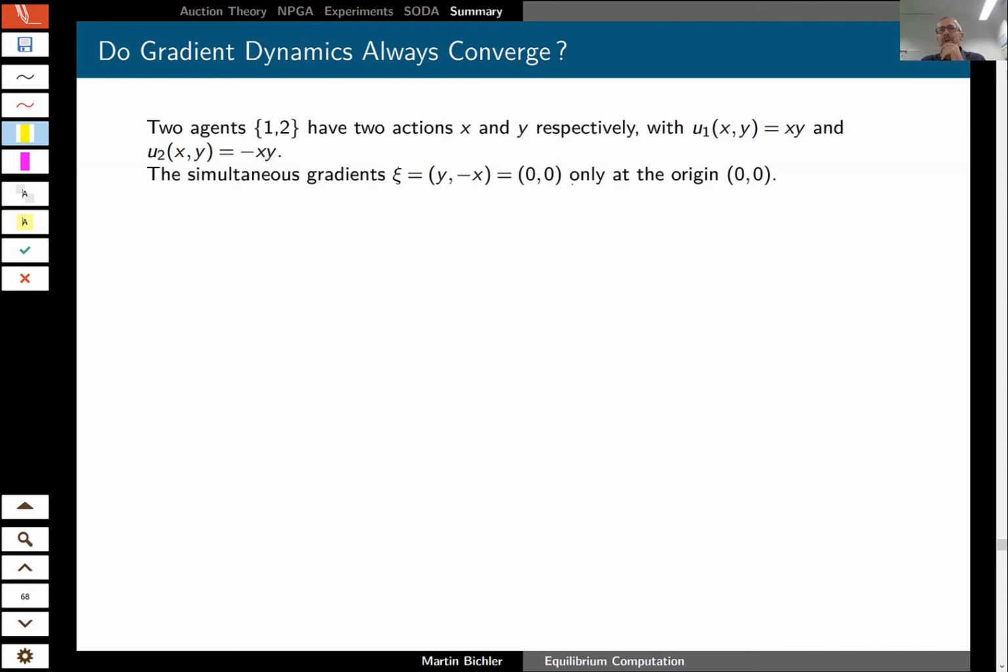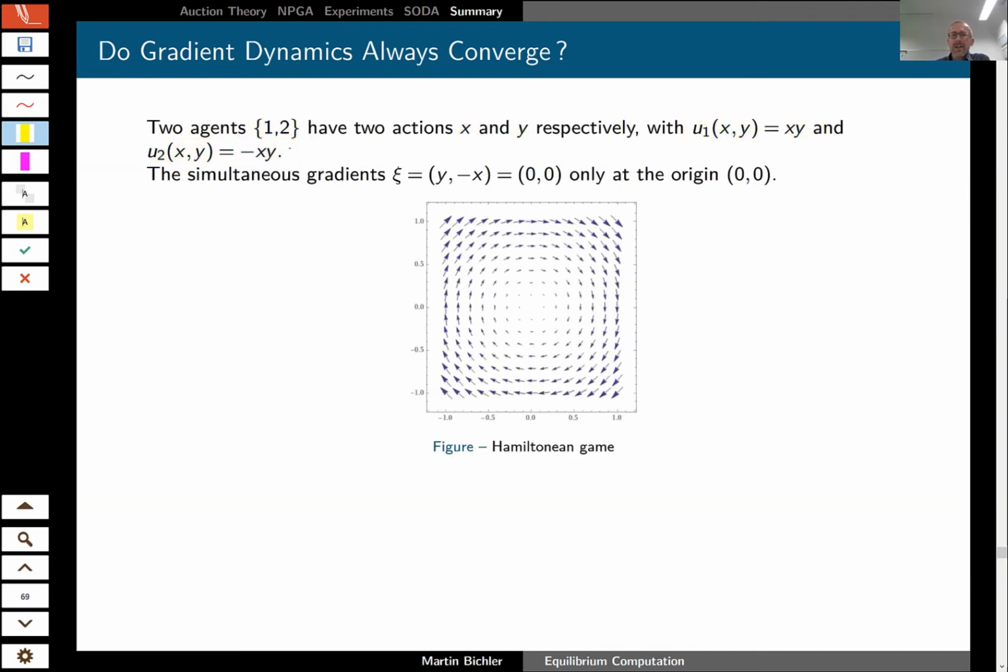But there are obviously also cases where gradient dynamics do not converge, right? A simple game, just to give you an idea of where the limits are, is a bilinear game that I've taken from a paper by Ledger, where you have two agents, and the first agent plays an action X, which is real or continuous, and the second agent plays Y. The utility of the first agent is X times Y. The utility of the second agent is minus X times Y. The Nash equilibrium would be right in the middle, but if you look at the vector field, the gradients orbit around the Nash equilibrium.